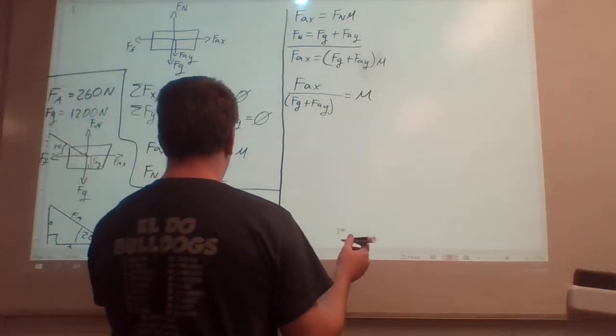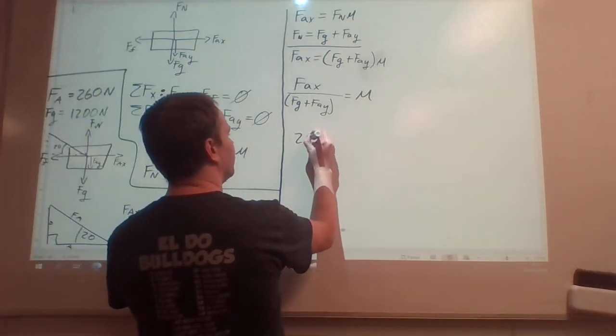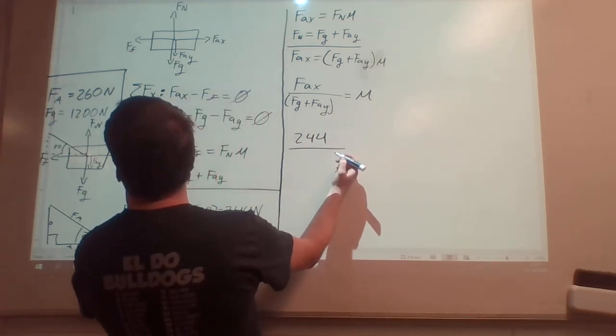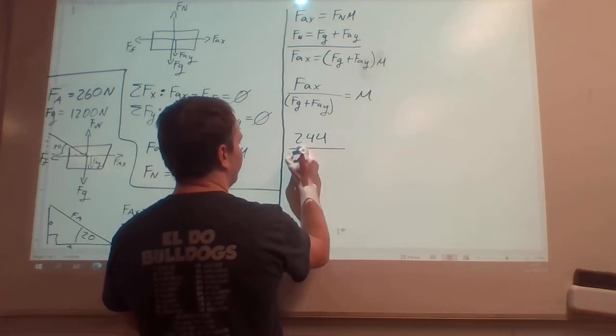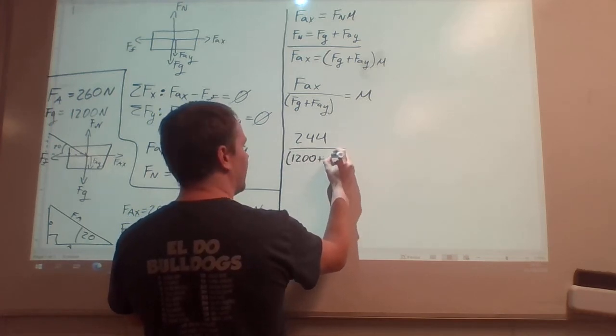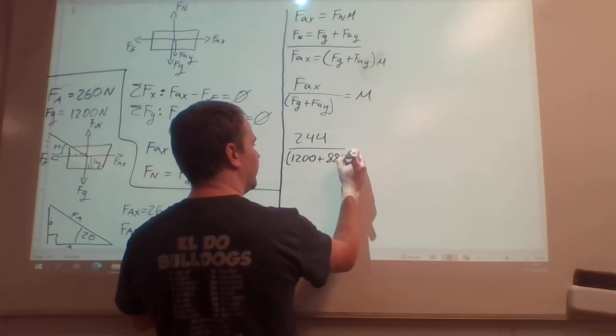So FAX was 244 divided by the weight of the crate, which was 1,200, plus the vertical component was 88.9.